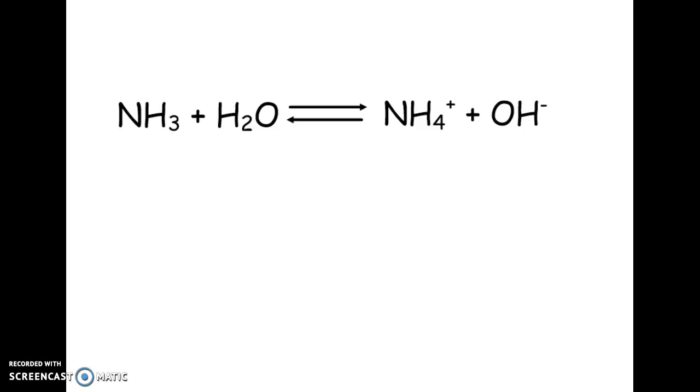We have NH3, which is ammonia, plus water, forming NH4+, the ammonium ion, plus OH-. So take a minute and identify the pairs, the things that are differing from each other by just an H+, and identify which is an acid and which is a base.